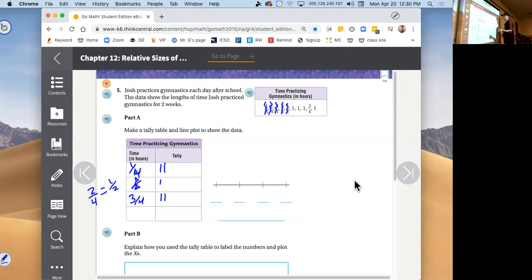Now we've got 4/4, which is 1 whole. You actually got 4 of those, and then I get another 3/4. So there you go. Now you just have to mark 1/4, 2/4, which is 1/2, 3/4, and 4/4, which is 1 whole, and finish marking your chart, your line plot. Okay?